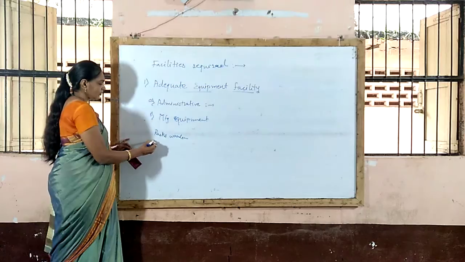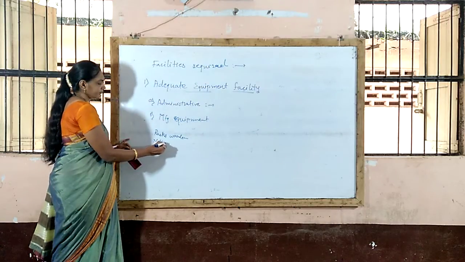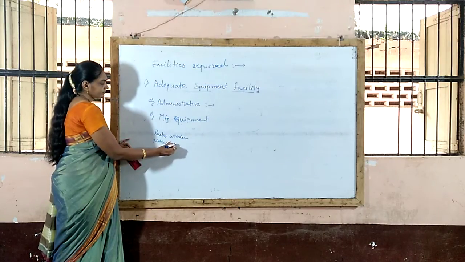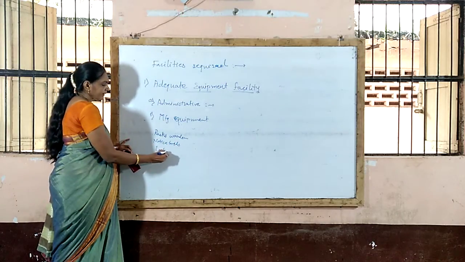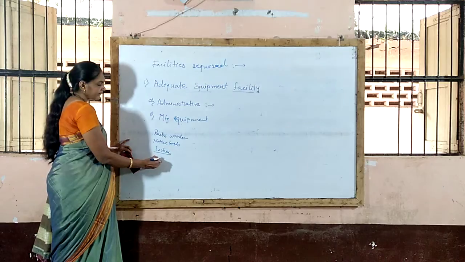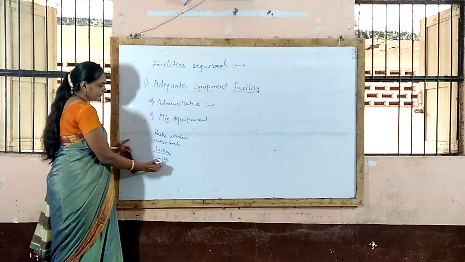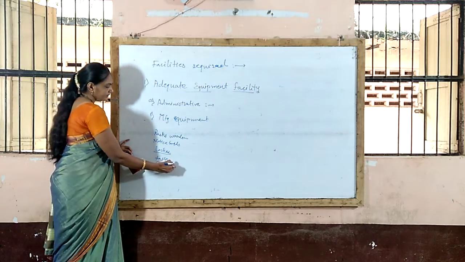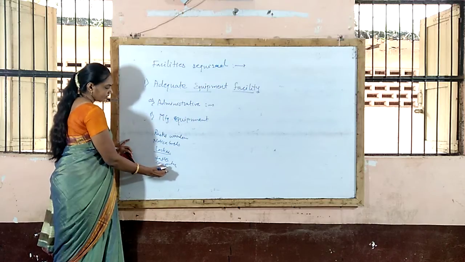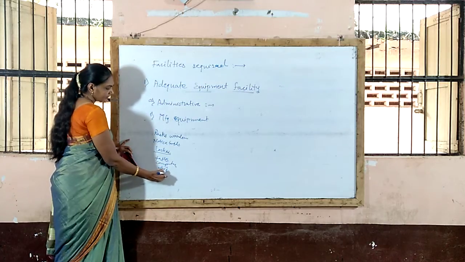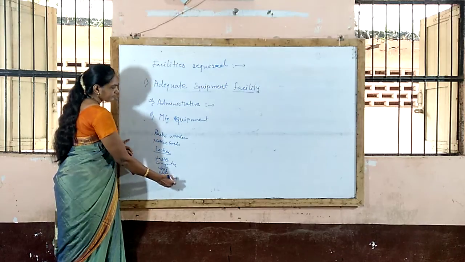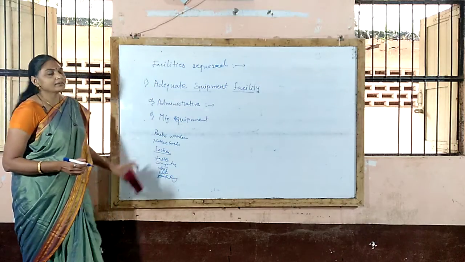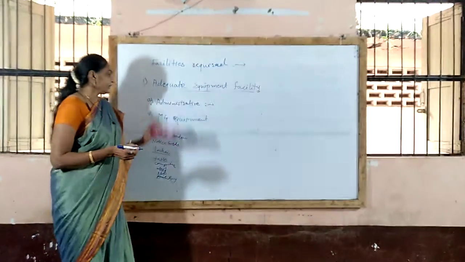Then notice boards, a locker system, tables, computer, desk, notebooks, and stock register will come under the administrative equipment.